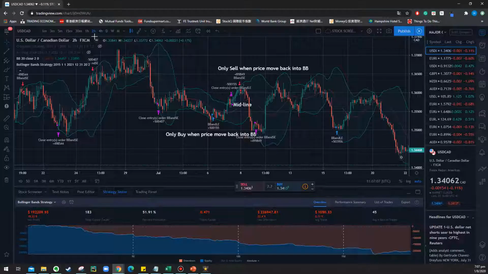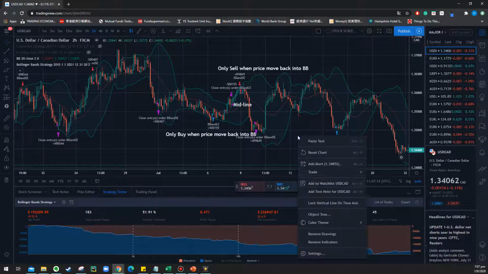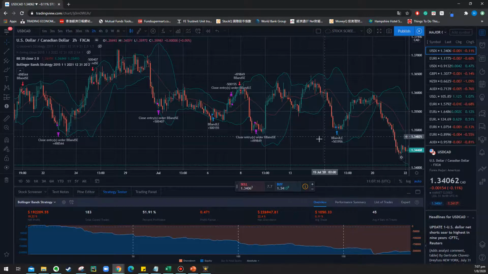We first start off by using the opposite signal exit rule, reviewing the performance of the strategy on the 18 major currency pairs. Changing our time frame to H2 and we're ready to go.